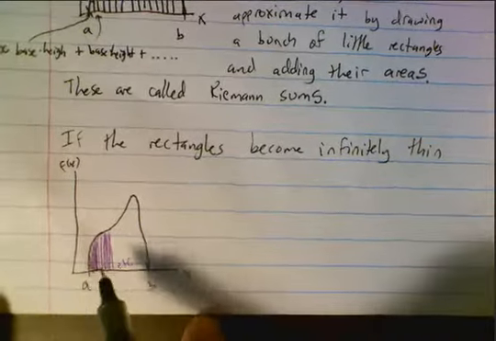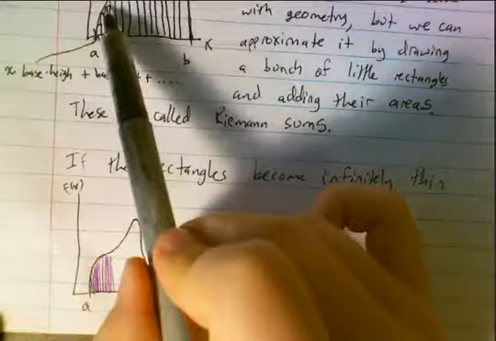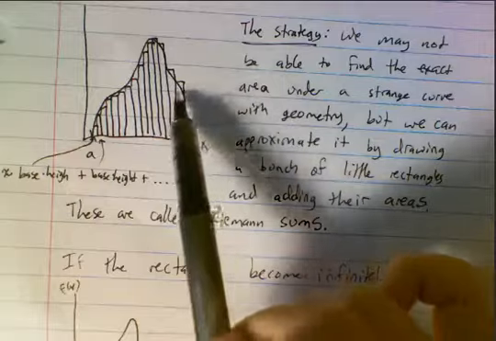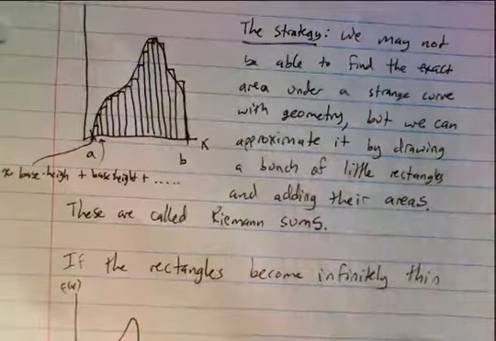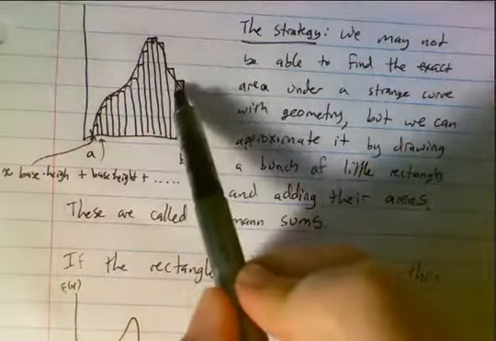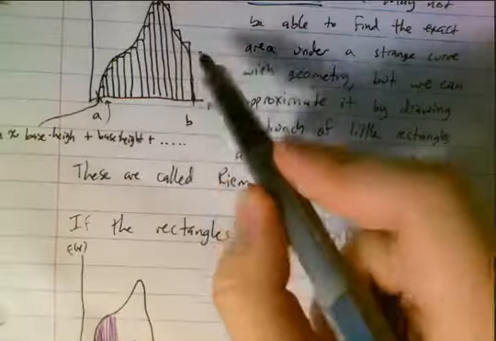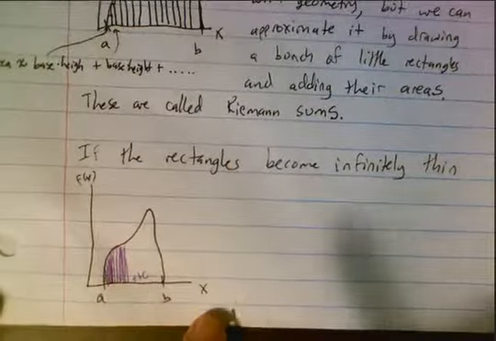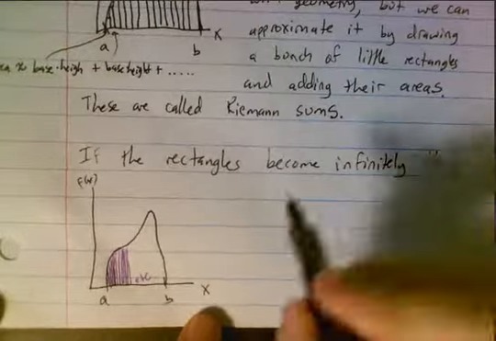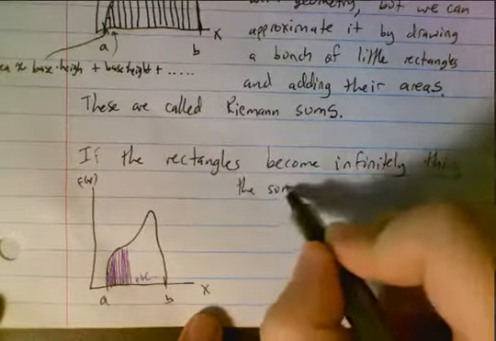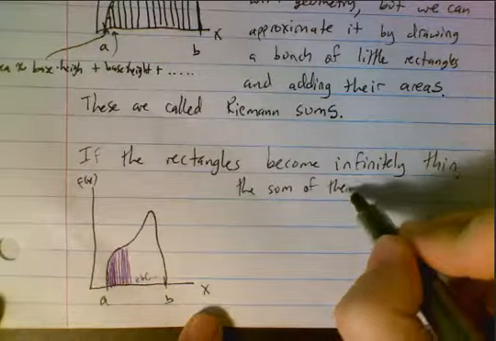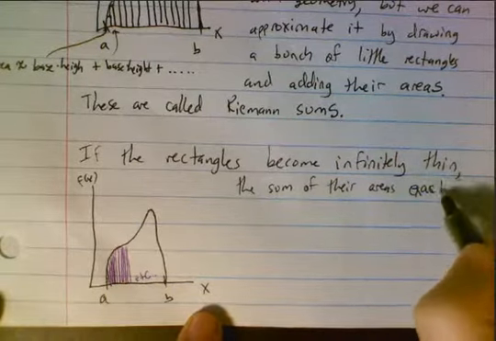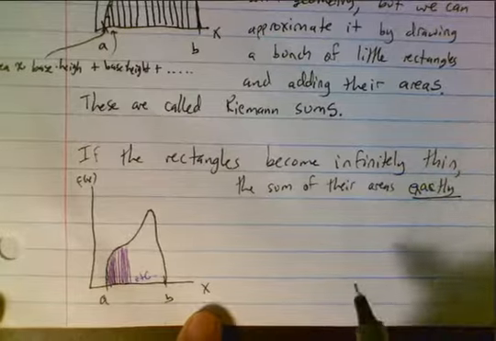But if these rectangles are infinitely thin, then these little gaps that we saw up here, where the rectangles didn't quite match up with the curve that had been drawn, those little gaps go away because basically our infinitely thin rectangles are just touching at one tiny point on the curve. And so if the rectangles become infinitely thin, the sum of their areas exactly equals the area under the curve.